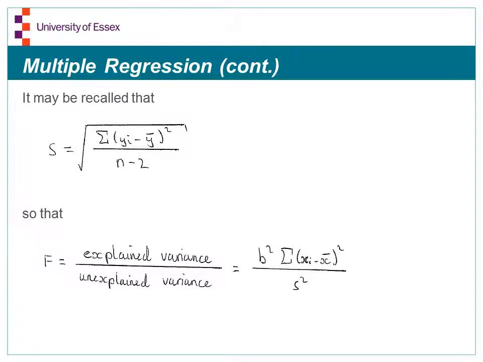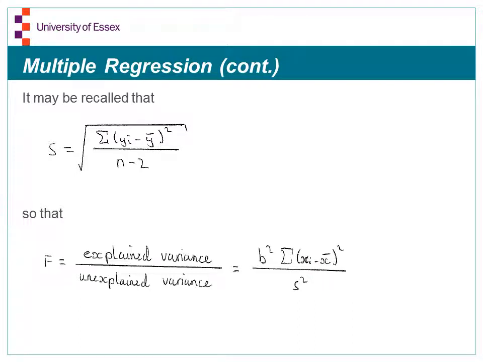We can also recall that the standard deviation in this case is given by this formula here, and we know that in terms of our variance we've got the explained variance divided by the unexplained variance, and we can write that formula as b squared sum of xi minus x bar squared over s squared.